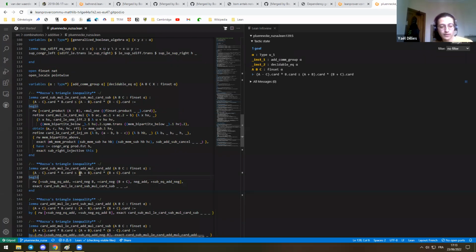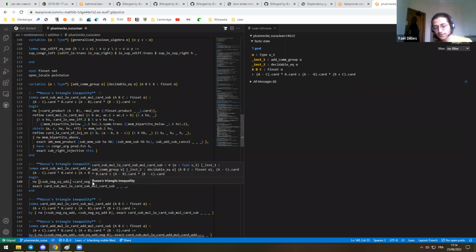And so this replaces b by minus b, right? We have a minus c, but instead of a minus b, we have a plus b. Instead of b minus c, we have b plus c. And because we're taking the cardinality, this is the same as if we had a minus sign everywhere. So if we look at the state, it turns a plus b into a minus minus b, which was the hard bit.